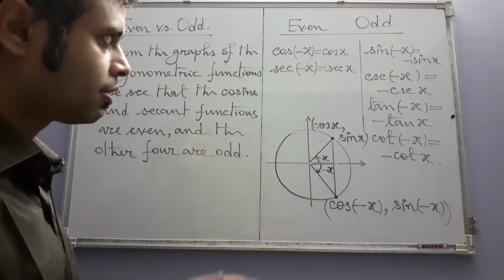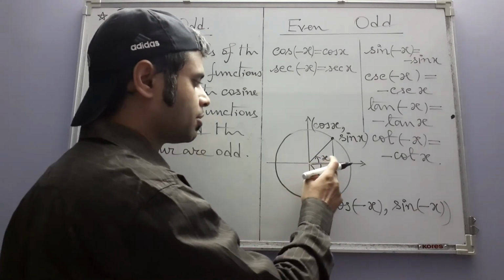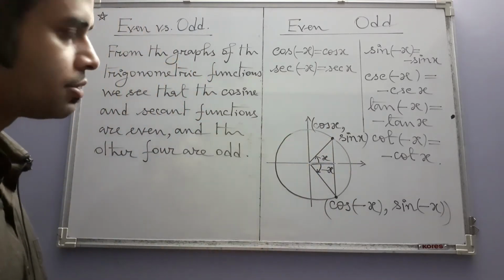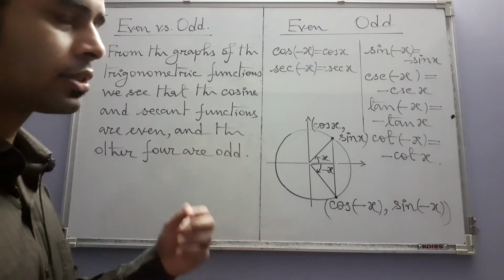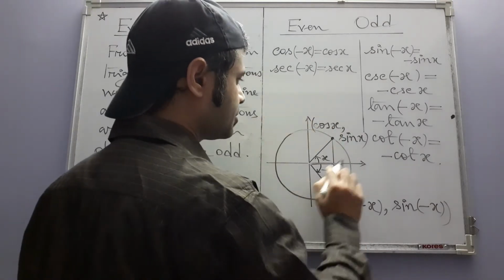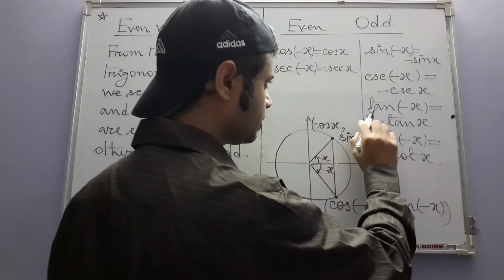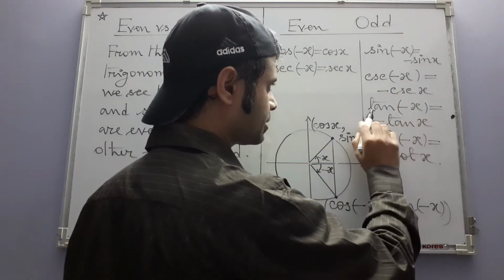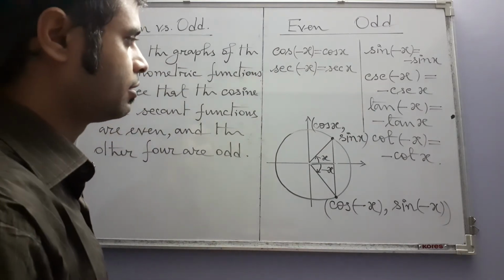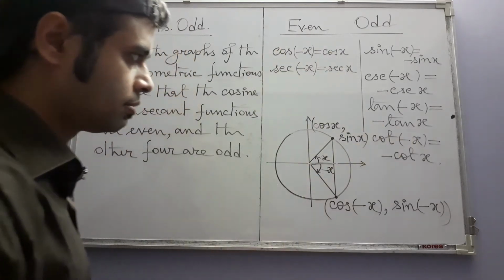And the same thing you can also do with the other functions, and also for other angles which are not necessarily acute angles. You will see that these relations are always true, provided of course that sometimes you have to take into account the fact that for some x, for example, tan is not defined. So that has to be taken care of, but other than that these relations are always true.